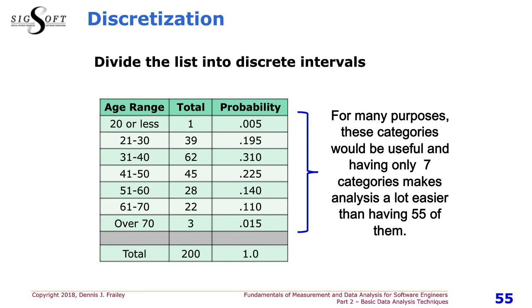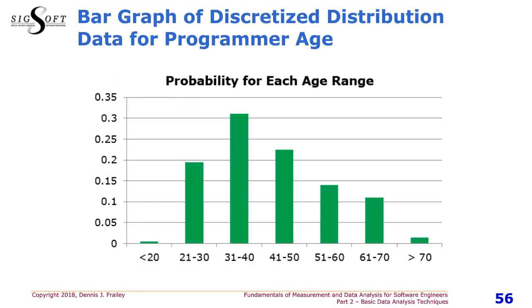Now, this is a lot more sensible graph in terms of being able to interpret something out of it than the ones I showed a few slides back. And the reason is that by discretizing things, we have kind of eliminated the clutter and put in just the facts, so to speak.